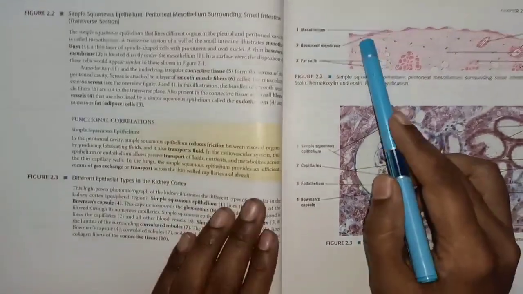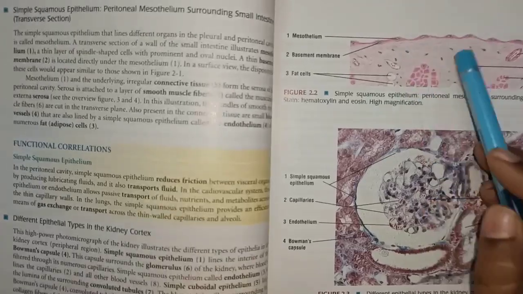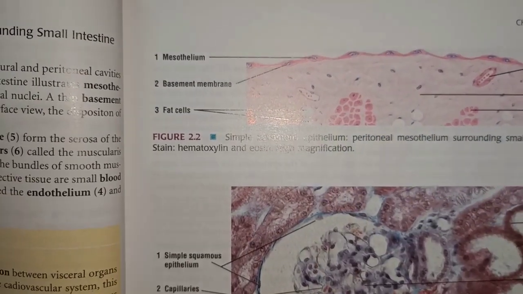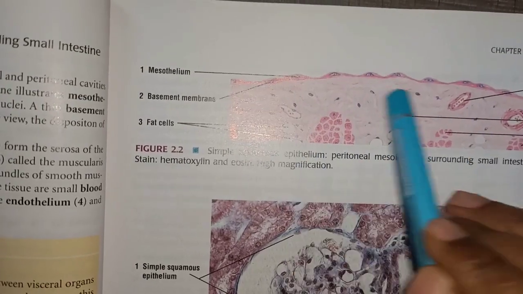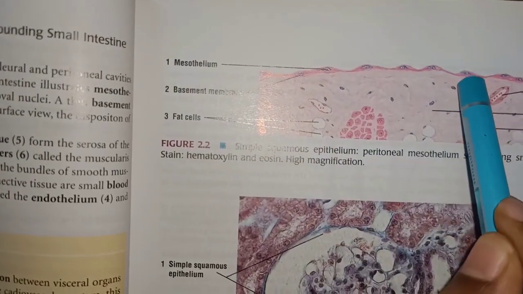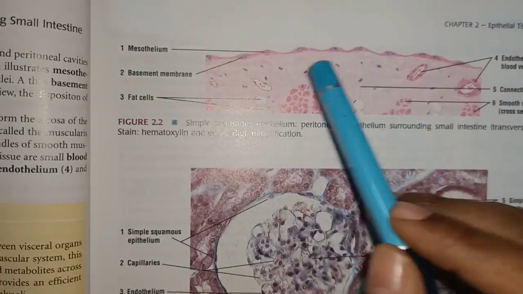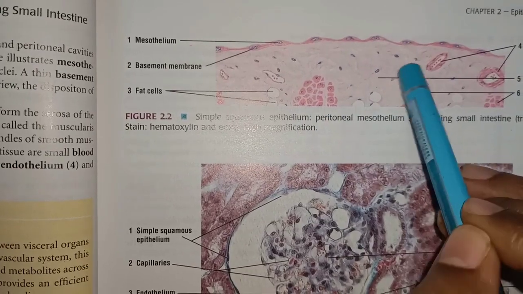See, this is how a simple squamous epithelium looks. Epithelial cells are arranged in an architectural pattern, and a small line runs beneath them, called the basement membrane, which separates the underlying connective tissue stroma from the epithelial structures. This is your epithelium, in between is your basement membrane, and below is your connective tissue stroma.